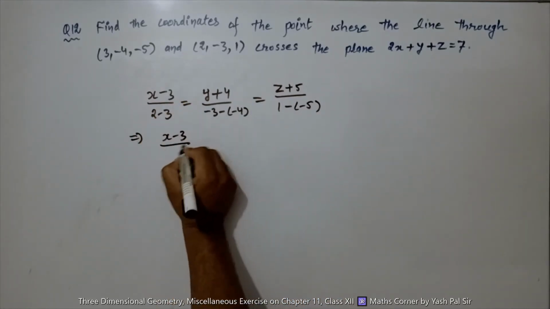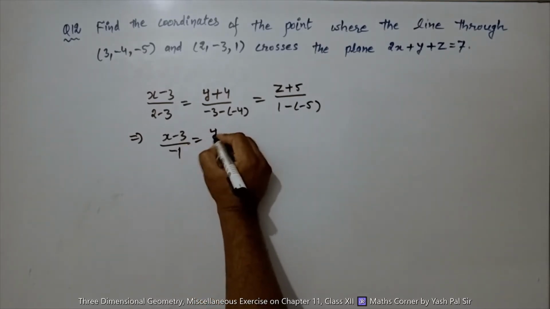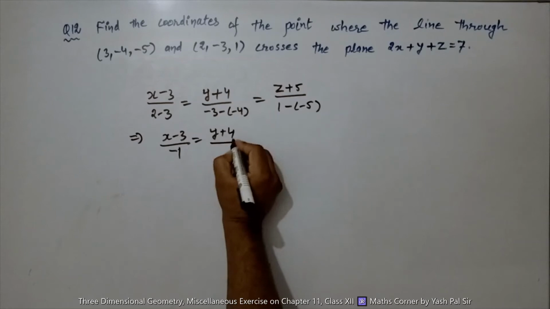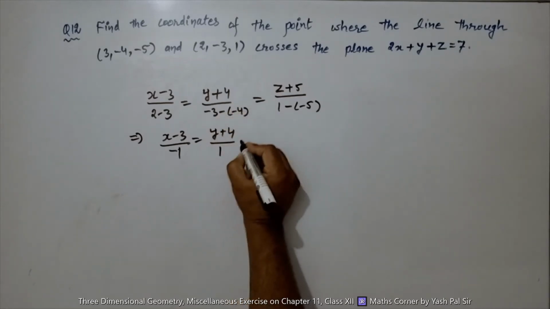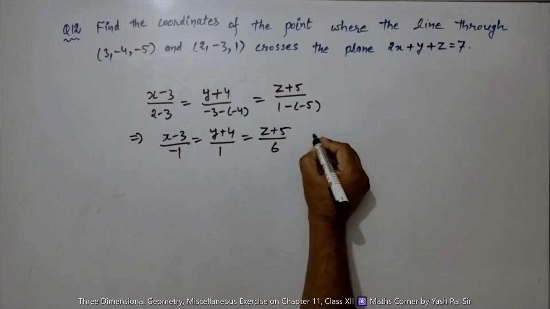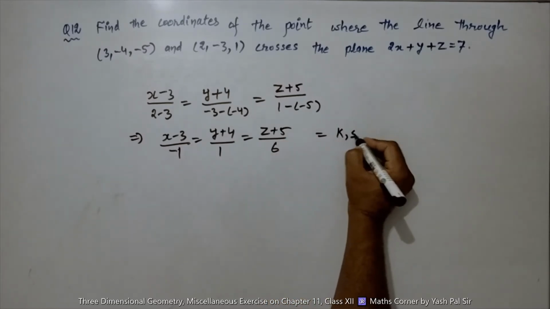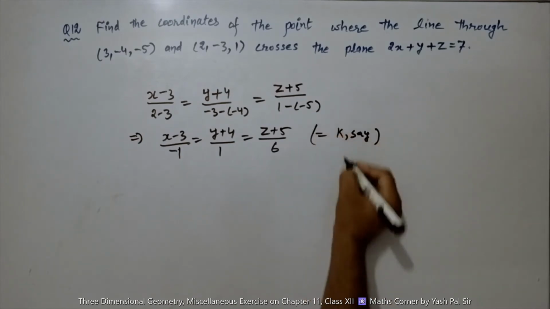So this way we can say x minus 3 upon minus 3 minus 1 is equal to y plus 4 upon 4 minus 3, 1, z plus 5 upon 6. So all these are equal to k.